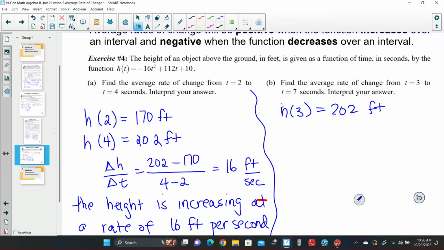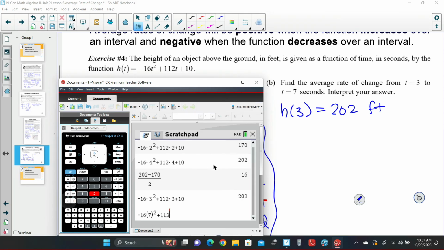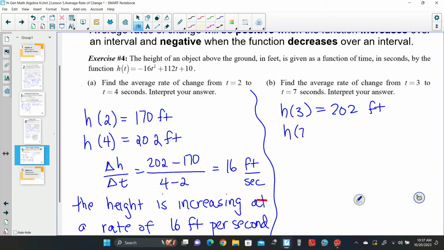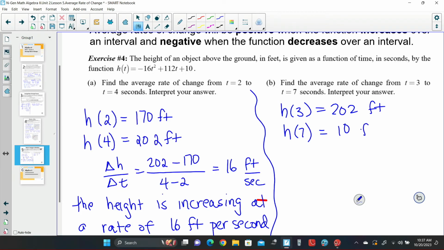Interesting. All right, let's figure out now our height at 7 seconds. Plus 112 times 7 plus 10. And our height at 7 seconds is equal to 10 feet.